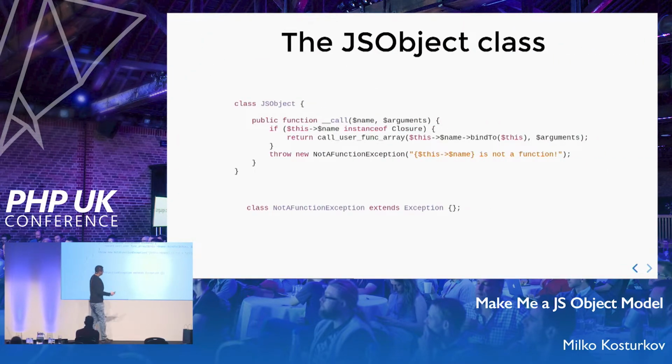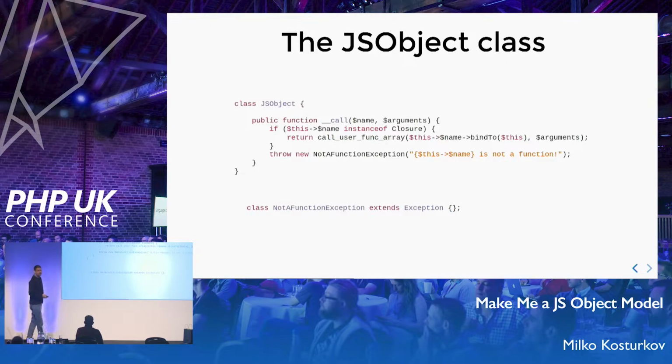Before calling our function here, we're just going to bind it to the object that we're calling it in. So the bindTo method on closures in PHP will create a closure that will execute in the context of the object.